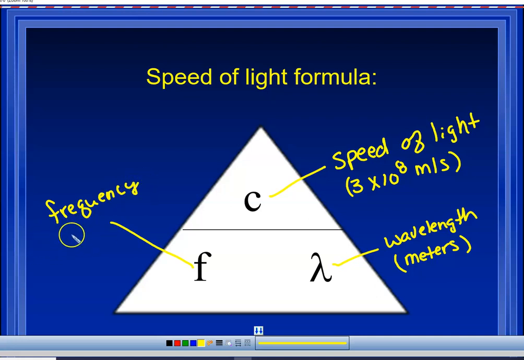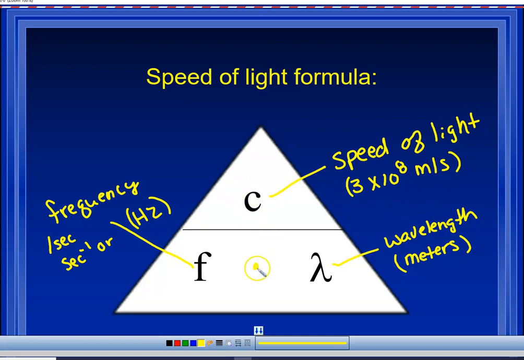Frequency is a per second is what it is. It's waves per second is truly what it is. So we say seconds to the -1, or we put hertz, Hz. I would actually prefer hertz, but I'm okay with seconds to the -1. You could actually put per second, but a lot of people will put just seconds and that messes things up. Okay, it's a per second because this is meters per second.